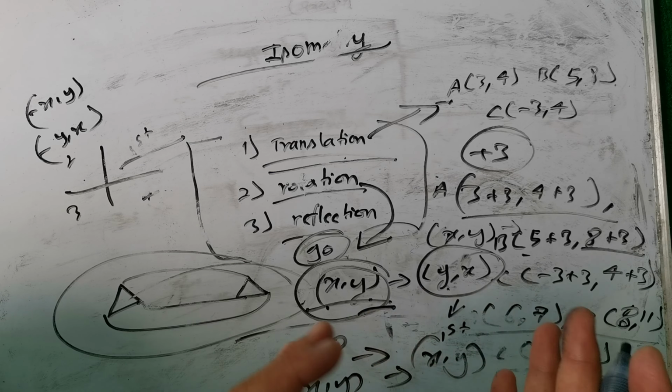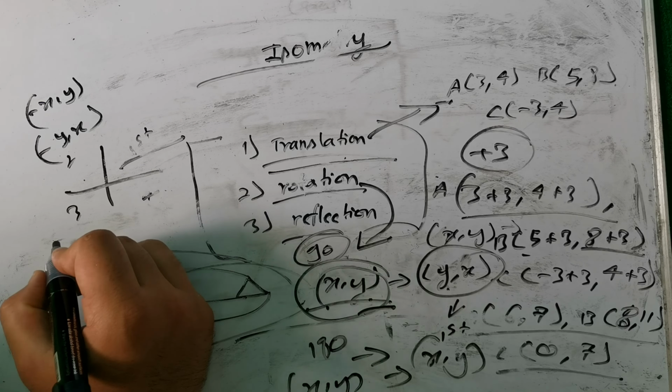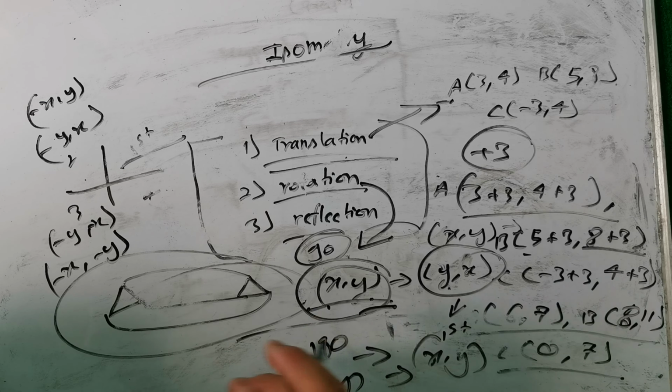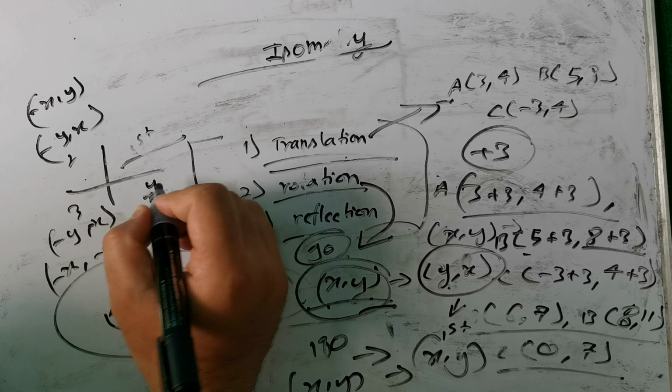Okay, you have to understand this. In the third quadrant, 90 degree rotation gives (-y, x), and 180 degree rotation gives (-x, -y). In the fourth quadrant it is (y, -x), and at 180 degrees it is (x, -y).